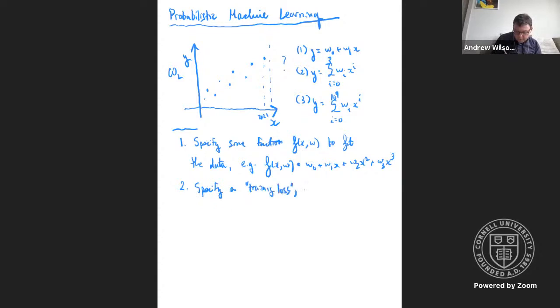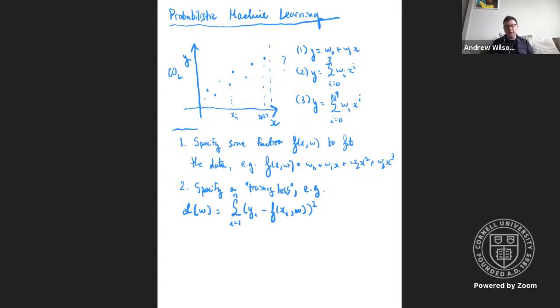For example, the loss as a function of w equals the sum of the data points that we observe minus the outputs of our function at the inputs, the xi's that correspond to those data points, squared, and we sum over the n points that we've observed. So we see n data points in this instance.